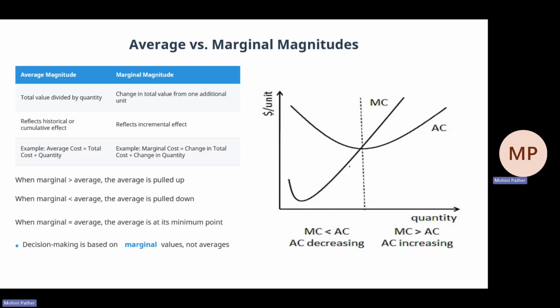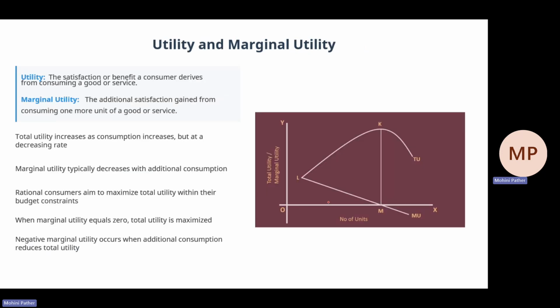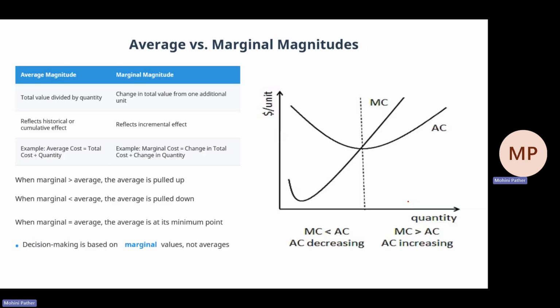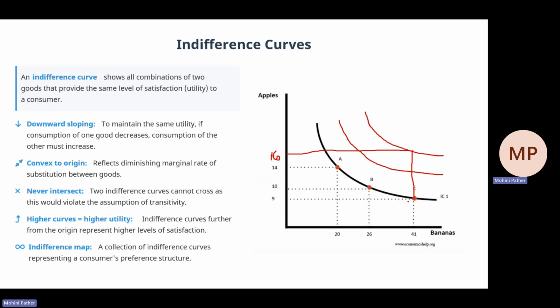But when they start to hit a certain point, you start to have marginal cost, sorry, when your marginal cost is greater than your average cost, the average starts to increase. So that is a representation of what is happening here overall. So at a point, we hit the point when the average was now being negatively impacted by each additional unit that was being consumed. Okay, then we had the indifference curves.